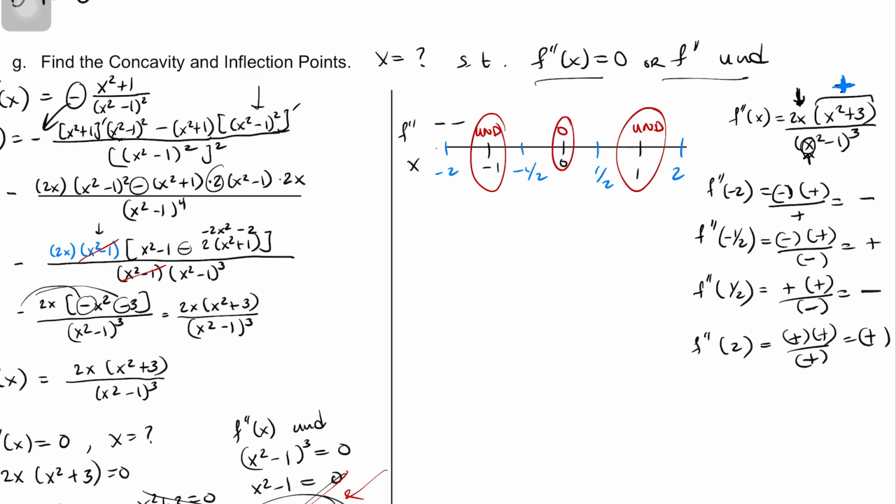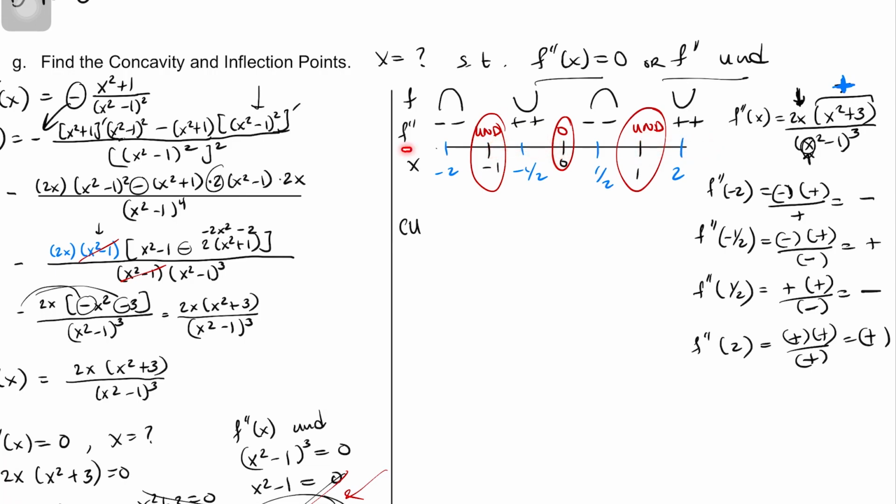All right, so we have negative, negative, positive, positive, negative, negative, positive, positive. Sorry, we're not looking at increasing and decreasing. This is the second derivative. So this is concave down, concave up, concave down, concave up. So this is concave up from -1 to 0 and from 1 to infinity.